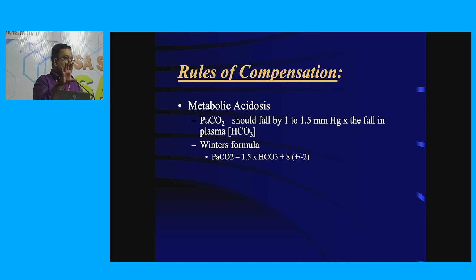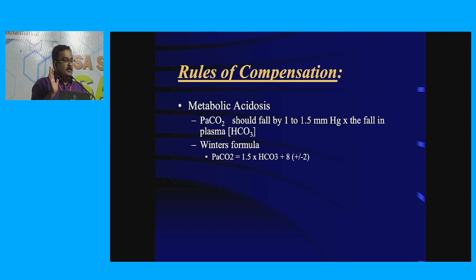And remember Winter's formula, that is PaCO2 is 1.5 times the bicarbonate plus 8. That is the classical Winter's formula, where you can predict the PaCO2, the compensation of this patient, for a given bicarbonate. Suppose in metabolic acidosis bicarbonate is around 10.